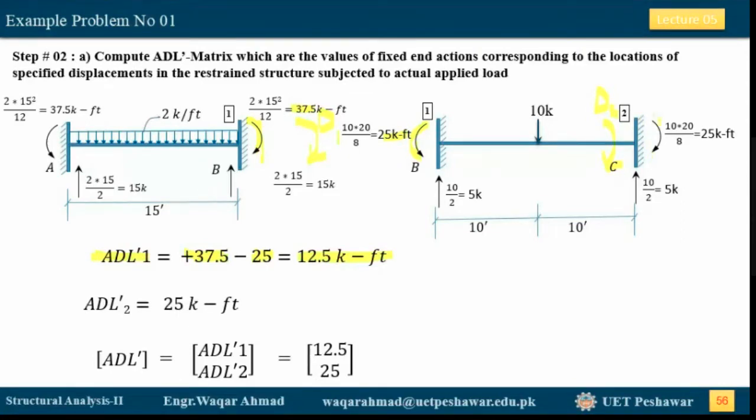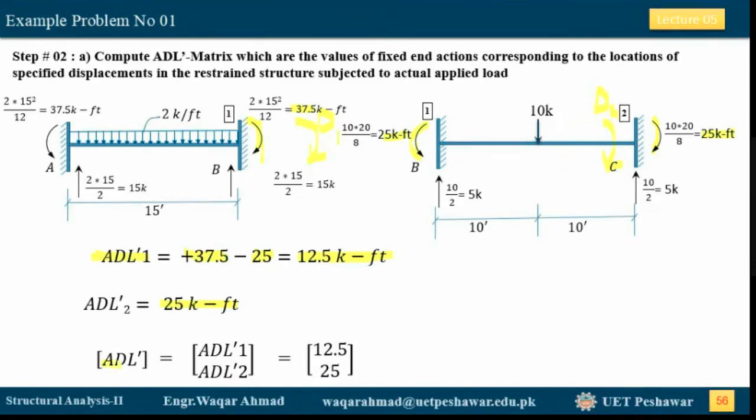Now this moment is also clockwise, and its value is 25 kip-feet. So we will take this as the value of our A real 2 dash, positive. Why positive? Because it is in the same direction as the assumed direction of D2. So these become the values of A real 1 dash and A real 2 dash.